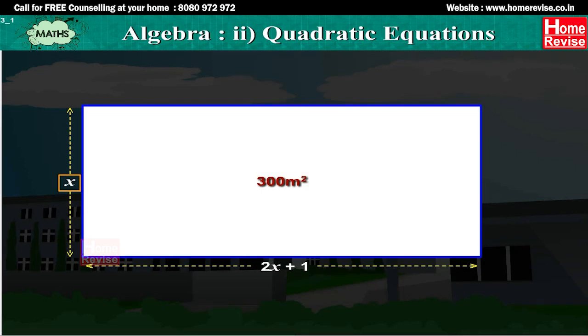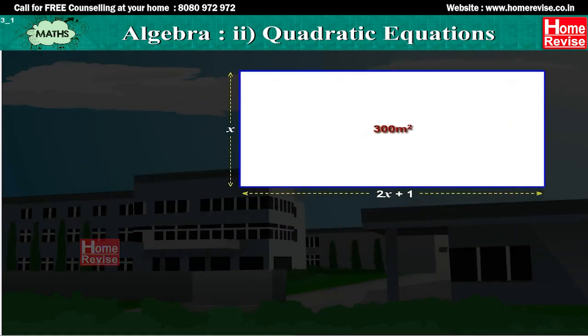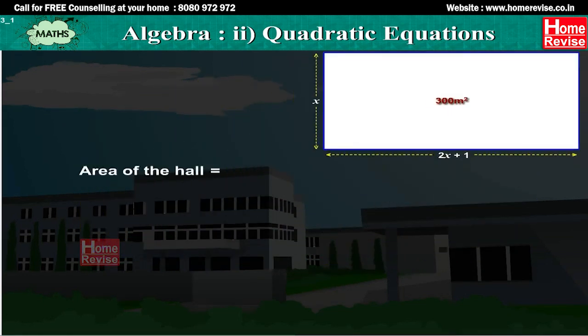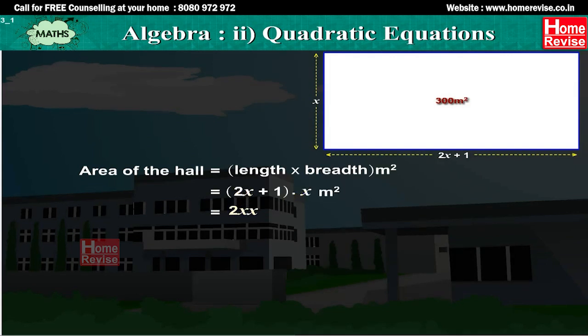Suppose the breadth of the hall is x meters, then its length should be 2x plus 1 meters. Now, area of the hall is equal to length into breadth meter square, that equals (2x plus 1) into x meter square, that equals 2x square plus x meter square.